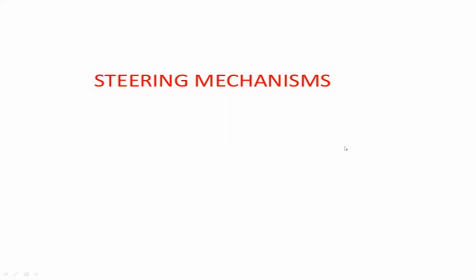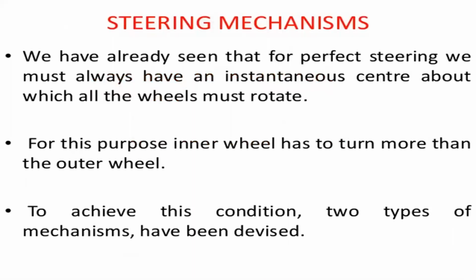Next, what are the steering mechanisms? There are different types of steering mechanisms in automobile vehicles. First of all, what is a steering mechanism? We have already seen that for perfect steering, we must always have an instantaneous center about which all the wheels must rotate.